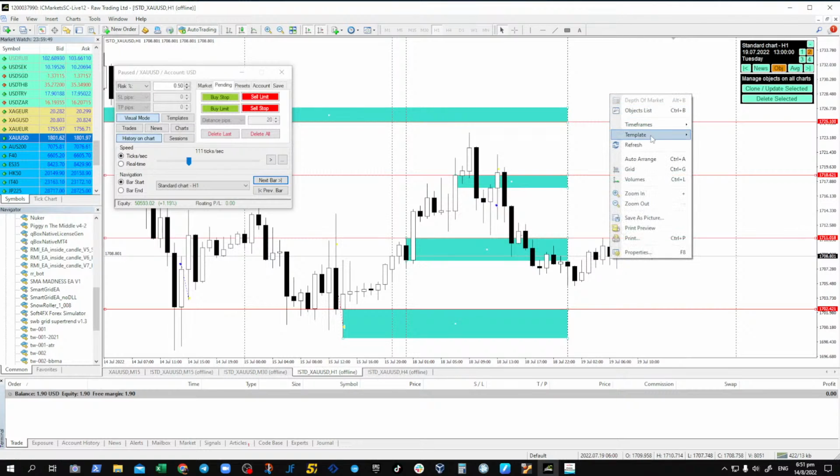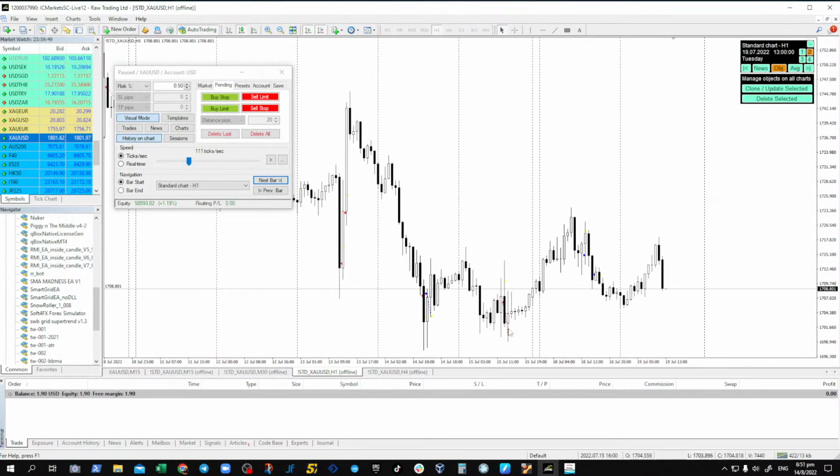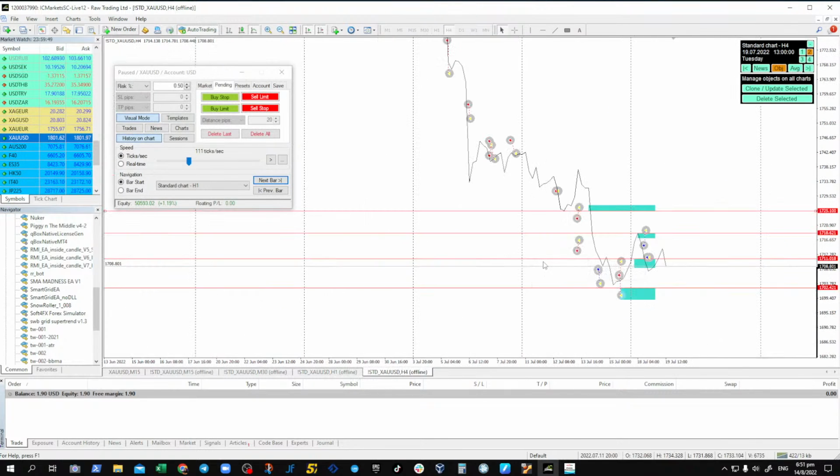As you can see here, this is a high liquidity zone. Price keeps crossing this area, and the SNR level is still the same. So we basically can reuse this SNR level.